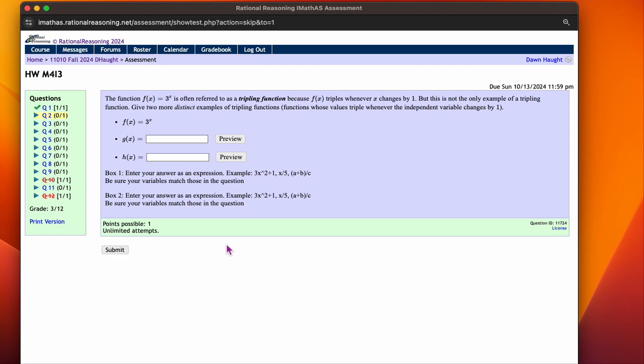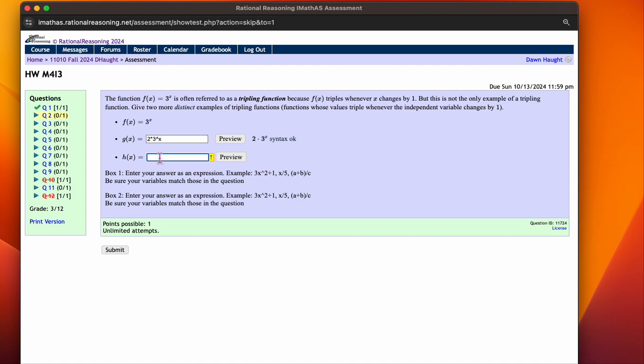Give two more distinct examples of tripling functions, functions whose values triple whenever the independent variable changes by 1. Well, this one here implies that our starting value was 1, but what if we put a 2 in there? That means our starting value started at 2.